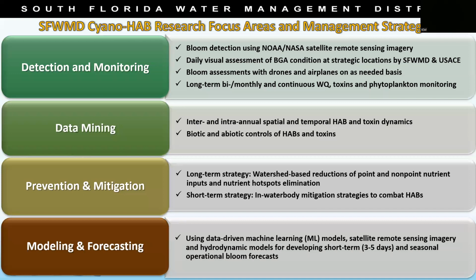Okay, so those are the priority research focus areas for management and management strategies for harmful algal blooms. So what do we do and what do we care about? First of all, is bloom detection and monitoring. For bloom detection, we use different products, and they were developed by agencies like NOAA, NASA, USGS, EPA.